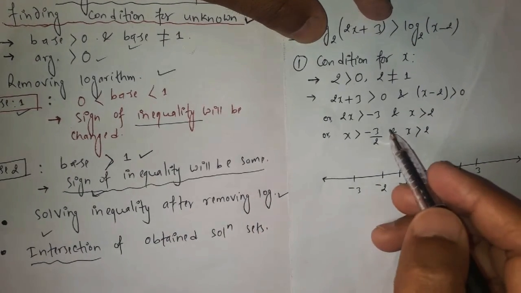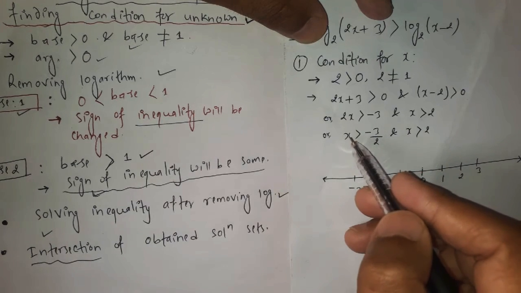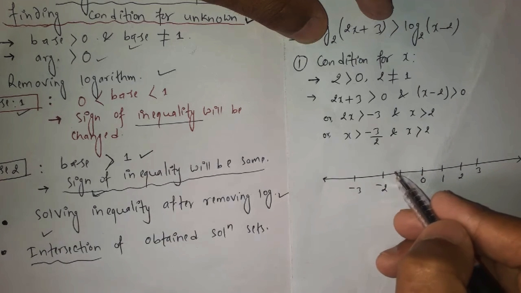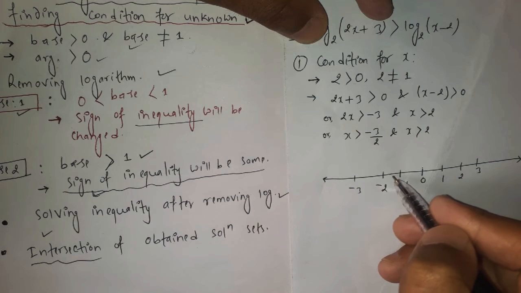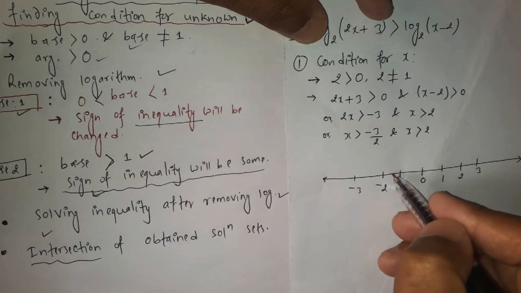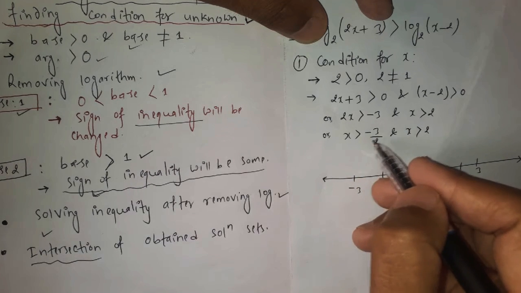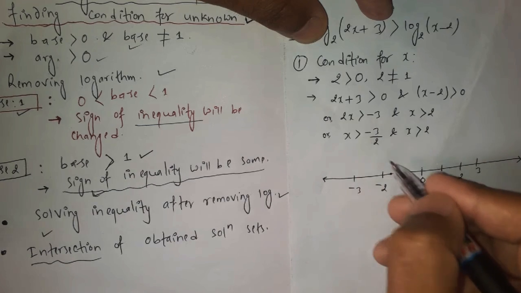Here we plot the first condition: x is greater than negative 3 over 2. Negative 3 over 2 is exactly between negative 2 and negative 1, which is negative 1.5. The value of x is greater than negative 1.5, so it is not included.